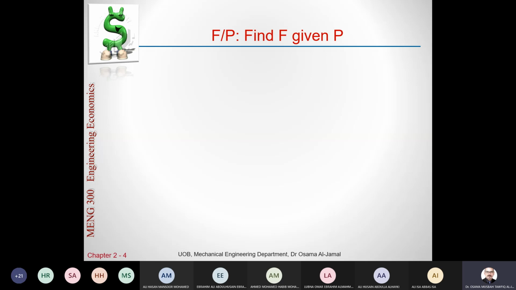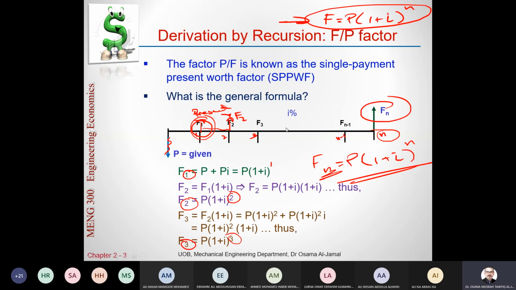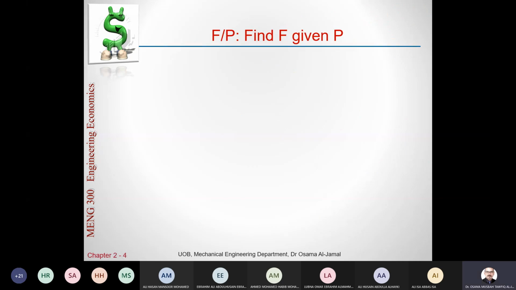Now let's see the standard notation, how we're going to formulate the problem. We know now how to calculate the formula. We know the formulas. But we want to see how to write it. What will be the standard notation?